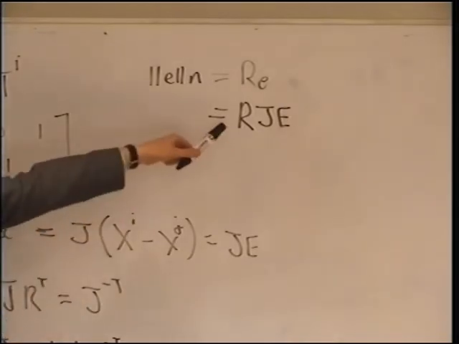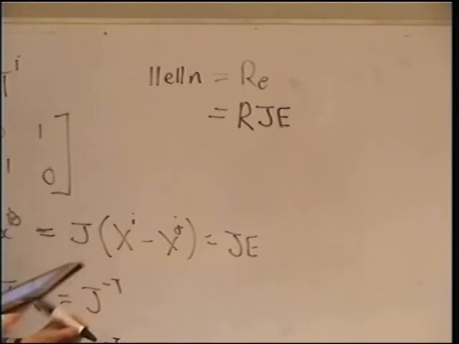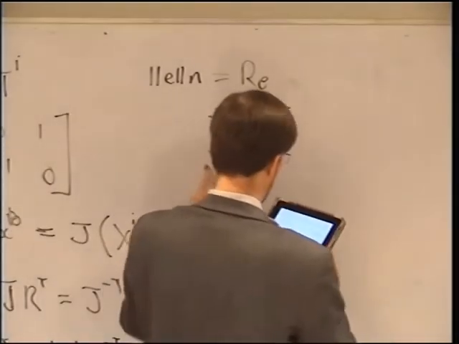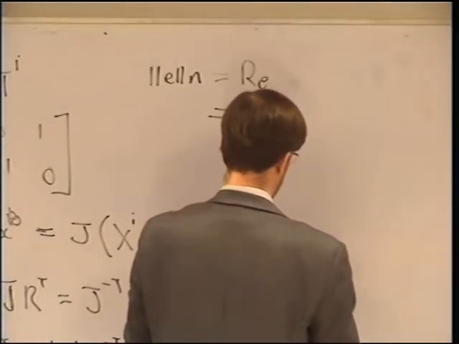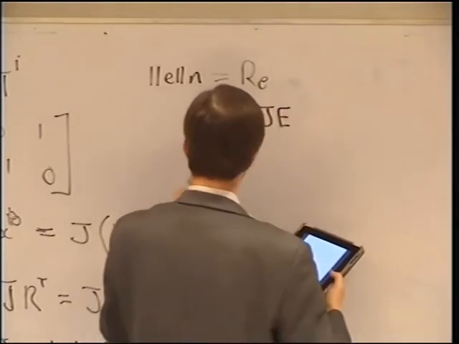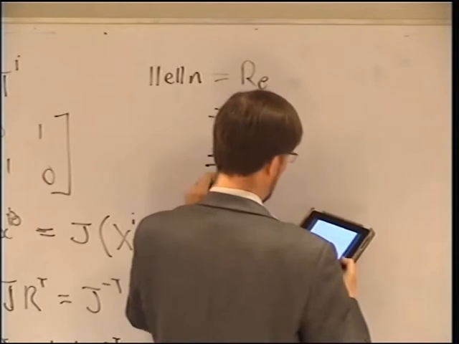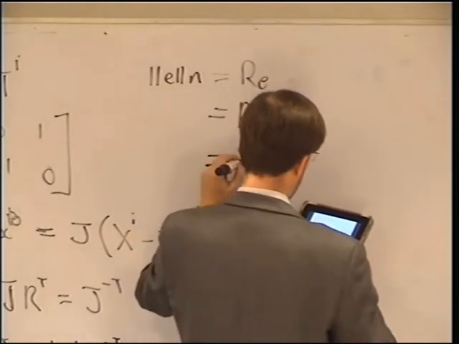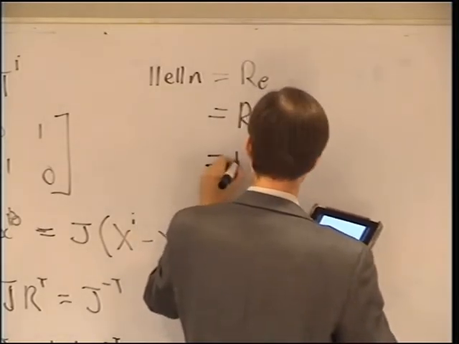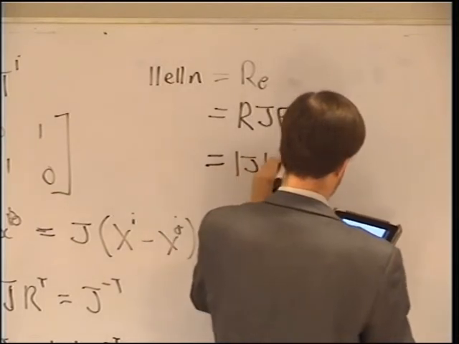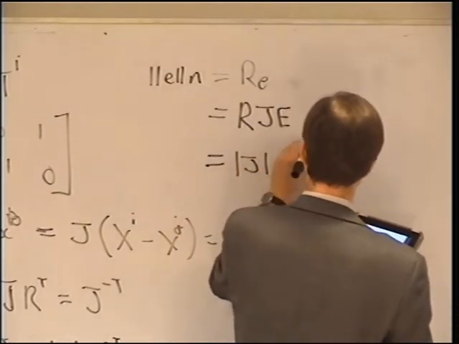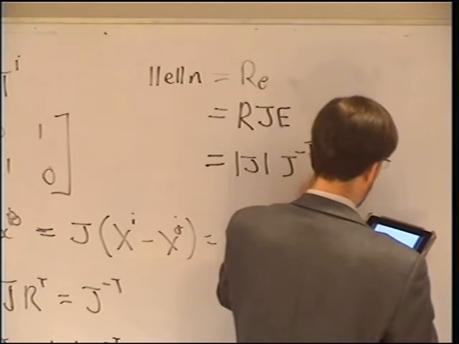There's an Rj over there, so we can substitute that straight in. That gets us det J times J minus T times the rotated edge.